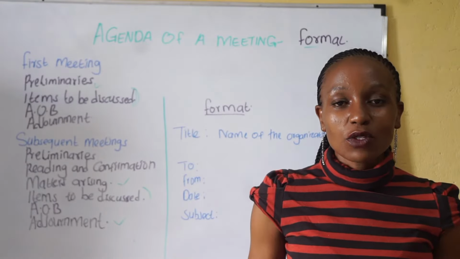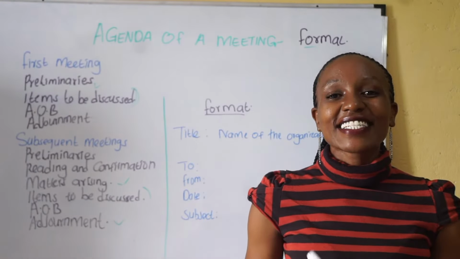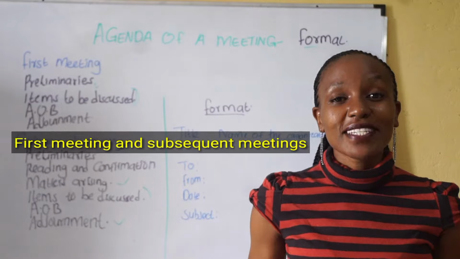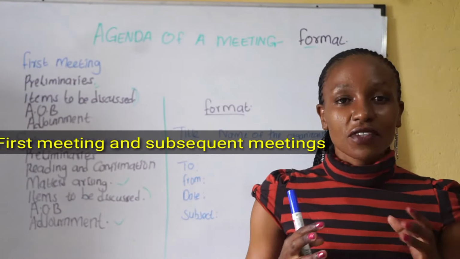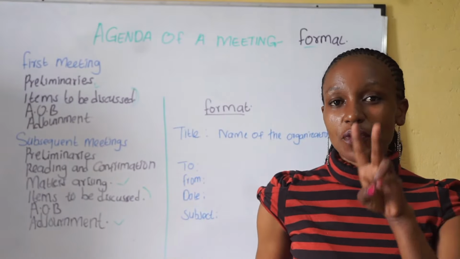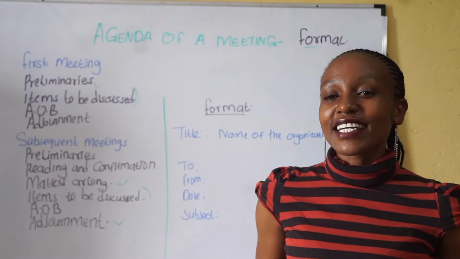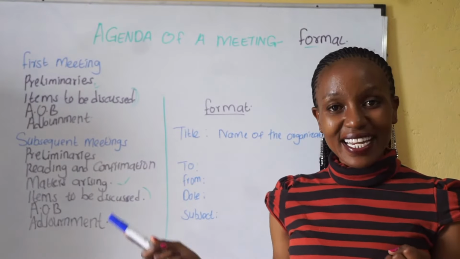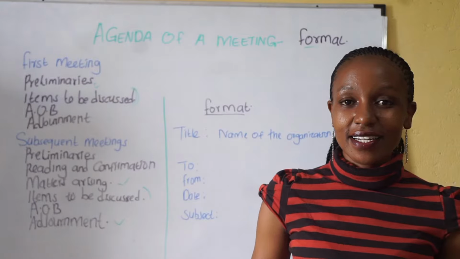The second thing that we want to differentiate is the first meeting and the subsequent meetings. For the first meeting of the year, we are not going to have two items, that is the reading and confirmation and the matters arising.